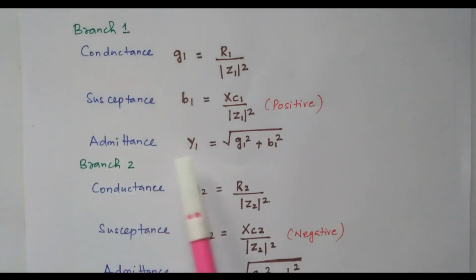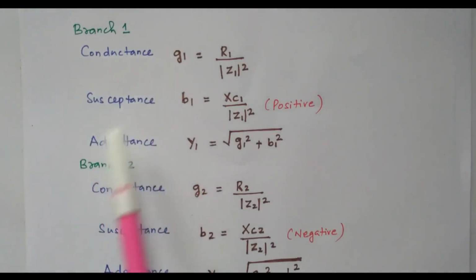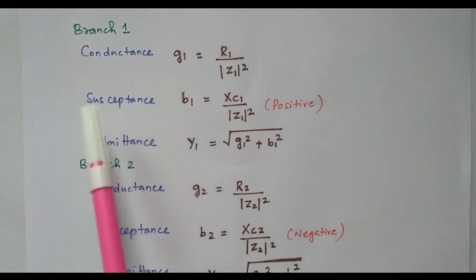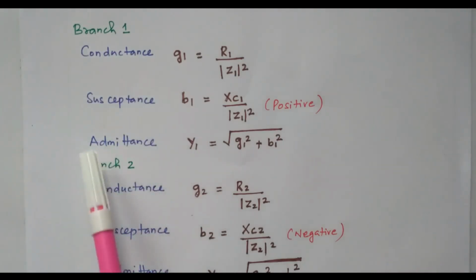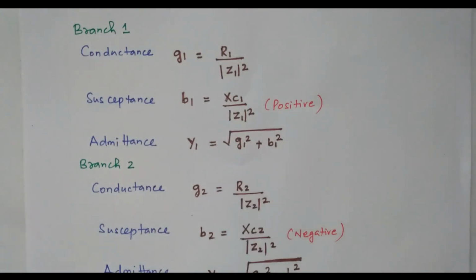Then admittance Y1 equals the square root of G1 square plus B1 square. So these are the reciprocals of the resistance, the reactance and the impedance. Similarly, we are writing this formula.